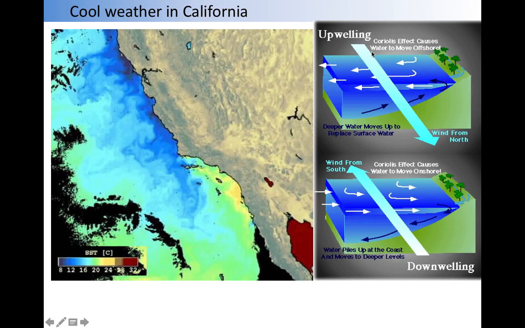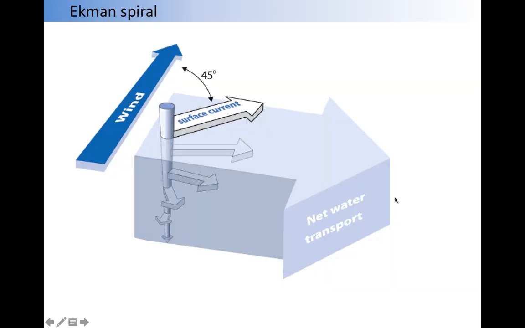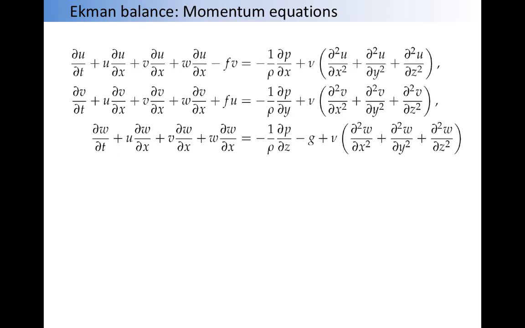This is the wind blowing, and the white arrow is the Ekman transport, the same as the bottom figure, wind blowing in one direction. So we're going to look at what happens with Ekman transport and Ekman spiral with the equation, and more detail will come with circulation in the coastal area.